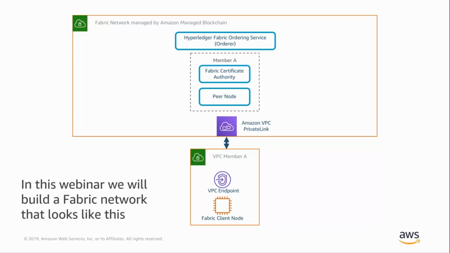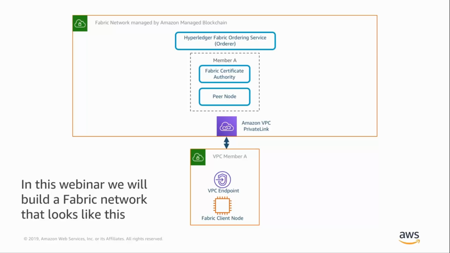Now, all of that is fully managed for you by Amazon Managed Blockchain. You will not even see these components in your account. They are managed in an Amazon Managed Blockchain account and network. And what you have in your account is what we see at the bottom of this diagram. For example, if you are member A, you will have your own VPC, your own virtual private cloud.